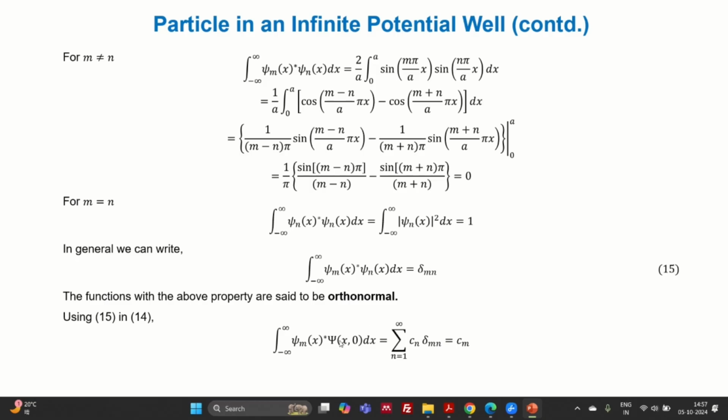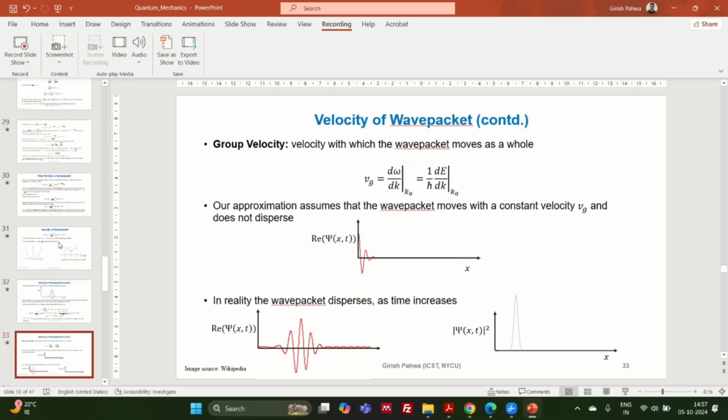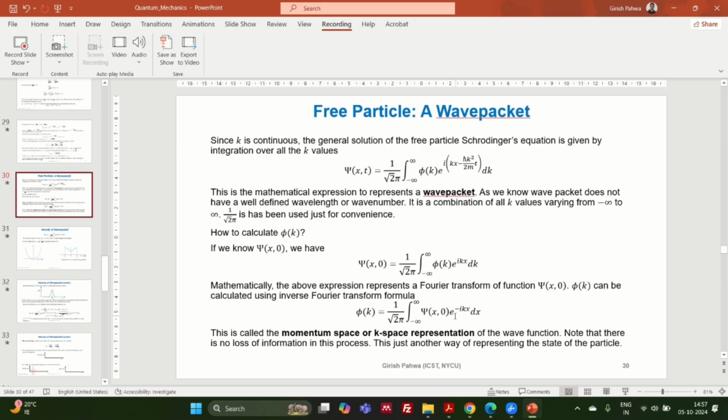So this is precisely what we did earlier in the case of the inverse Fourier transform. In that case, instead of psi m star, because we were dealing with plane waves, I put e to the power iota kx. Do you remember? So we put e to the power minus iota kx there. So that's my psi n, the eigenfunction.